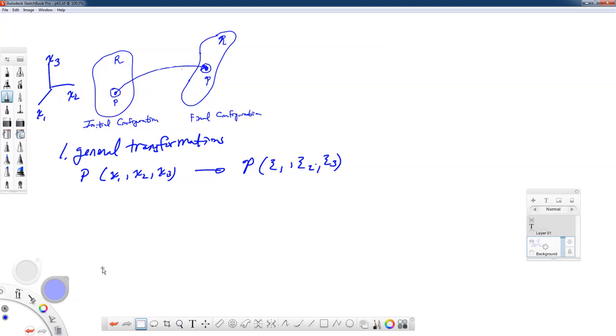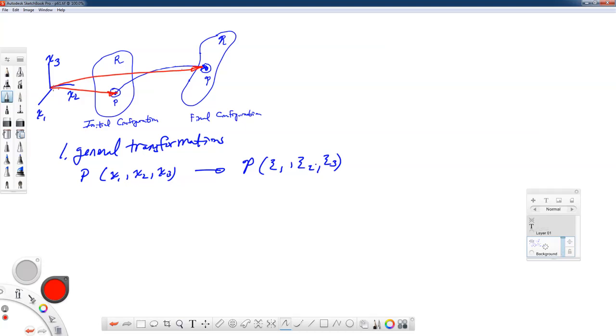So we can draw a position vector to the point P in the initial configuration and another position vector to point script P in the deformed configuration.